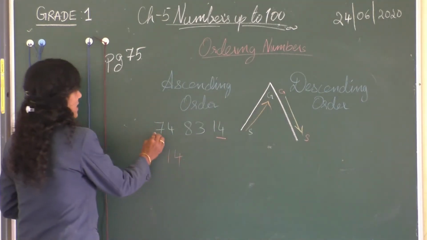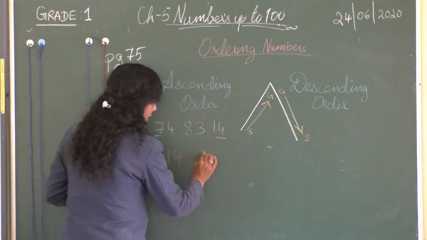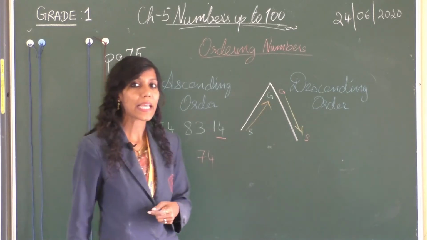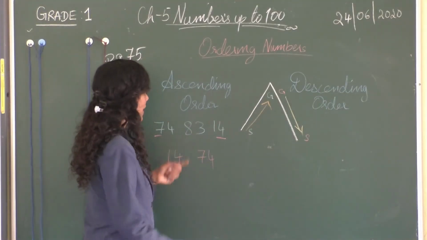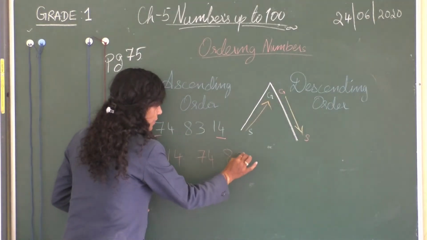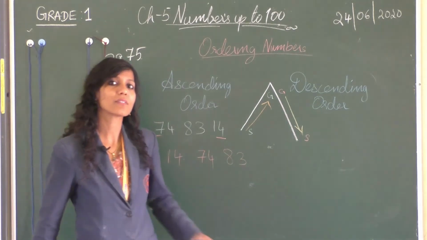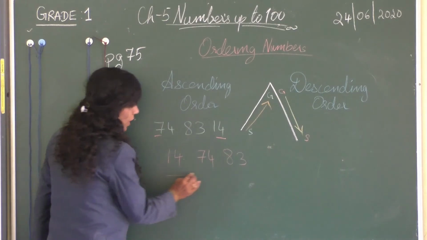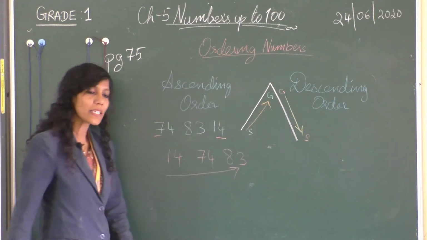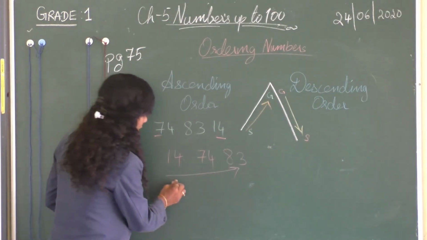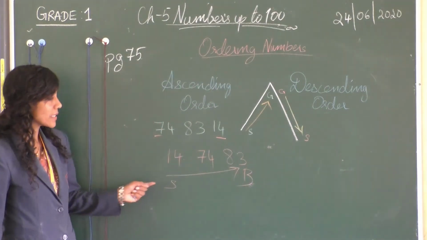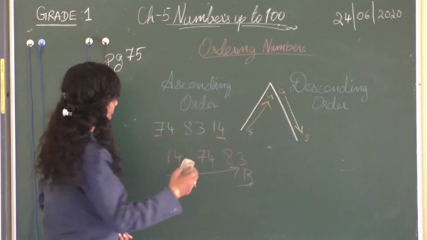Right. 7. So the next number you write is 74. Now 83 is the only number which is left. So your ascending order is ready. From small you are going till the bigger number, small to big. This is the smallest and this is the biggest in here.